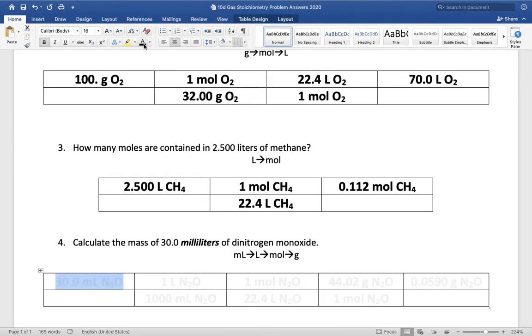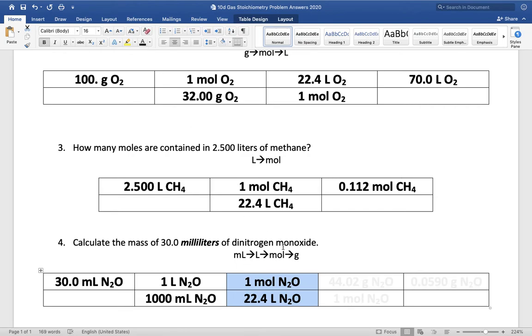Start with what I know, 30 milliliters of dinitrogen monoxide. And the first thing I want to do is divide by 1,000 because there are 1,000 milliliters in 1 liter. Now I have that in liters. I use my standard molar volume and divide by 22.4. That will give me a mole number.